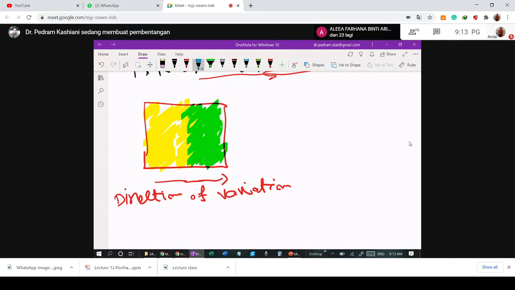So imagine that I cut it from here to here, here to here, and here to here. In this situation, whatever is in the first block, I call it first block. And remember that we number blocks by Roman numerals. So this is block 2, this is block 3, and this is block 4.